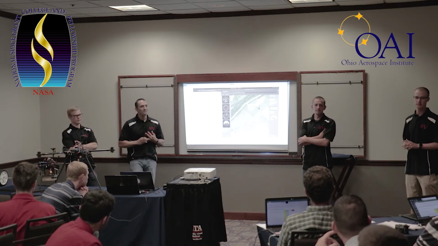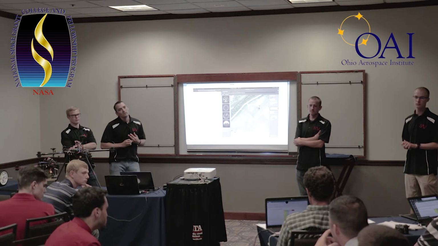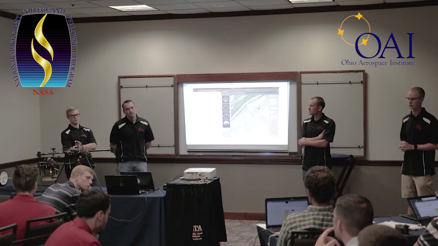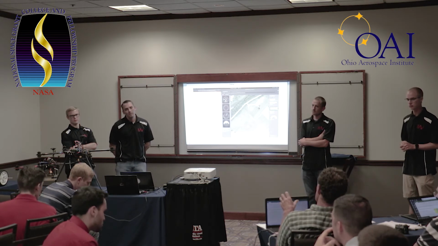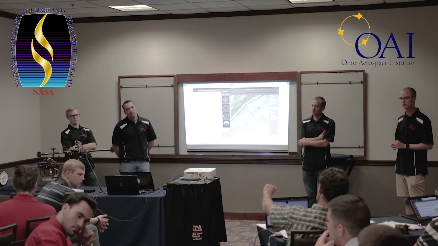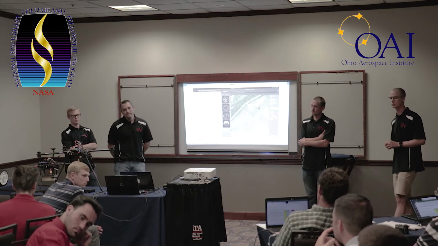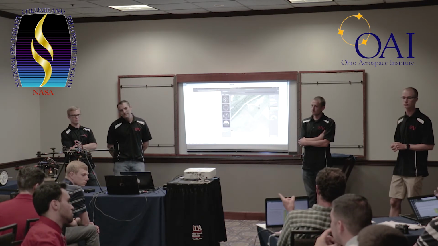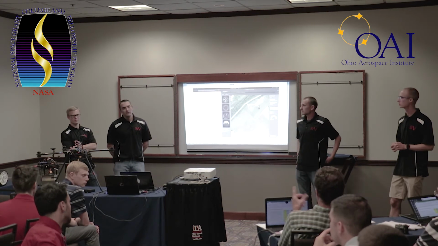We're good. So I was really interested in the fault tolerance that you talked about. So what happens when, okay, you have two props on each arm. Correct. I know you're doing that for more thrust, but was the fault tolerance part of that thinking originally? Yeah, absolutely.